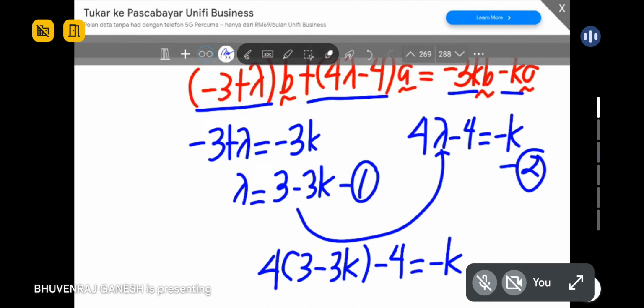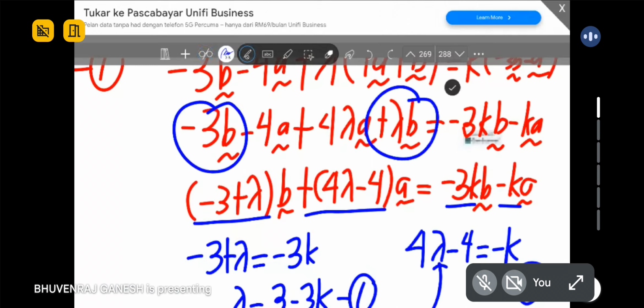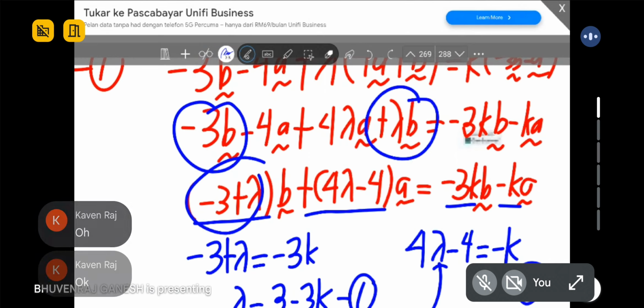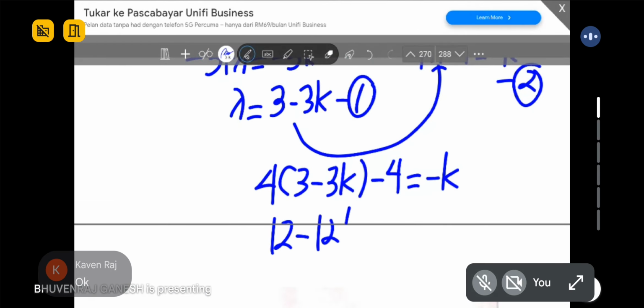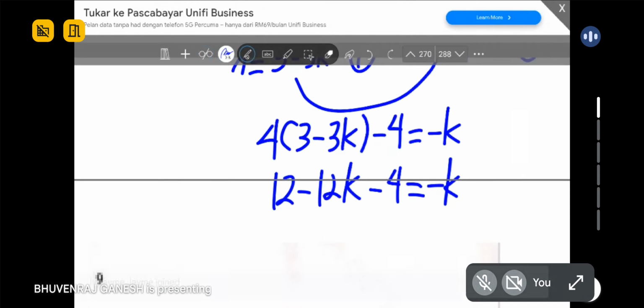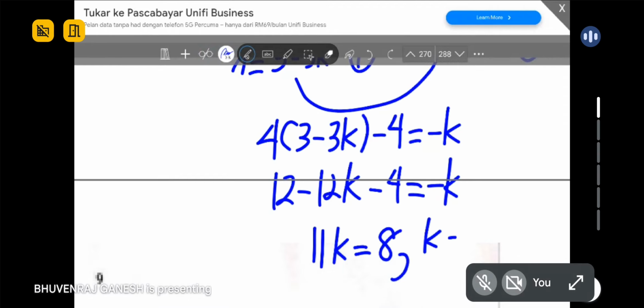Why negative 3 plus lambda? Because negative 3B plus lambda B, factorize B out. So negative 3 plus lambda. Understand? Okay, so you guys continue. Expand, so you will get minus 4 equal to negative K. So you will get what? 11K equals 8, so K is equal to 8 over 11.